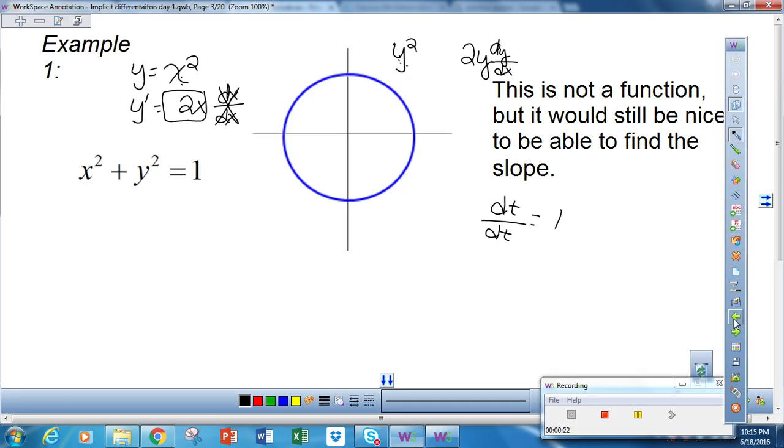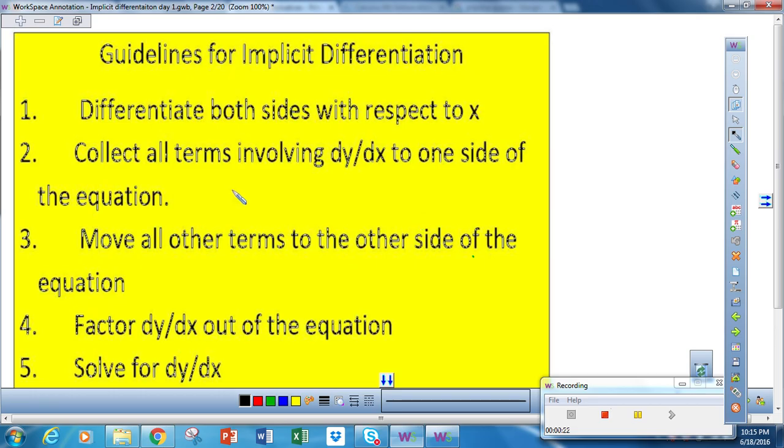So let's just talk about the steps to differentiating implicitly. We want to differentiate both sides with respect to x, and then we're going to collect all terms involving dy dx to one side and move everything else to the other side of the equation. And then we're going to factor out dy dx and solve for dy dx.